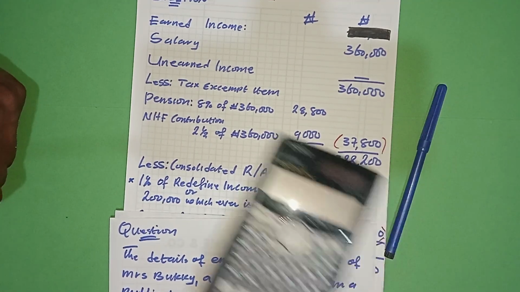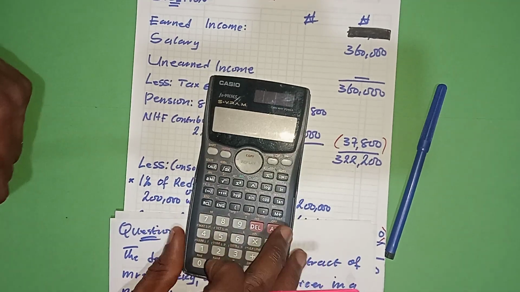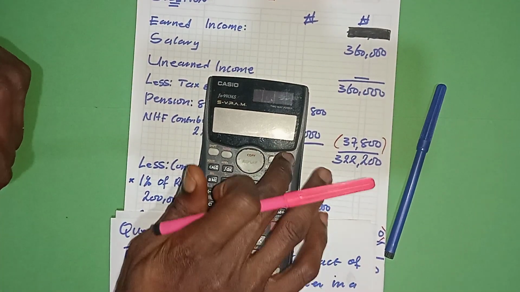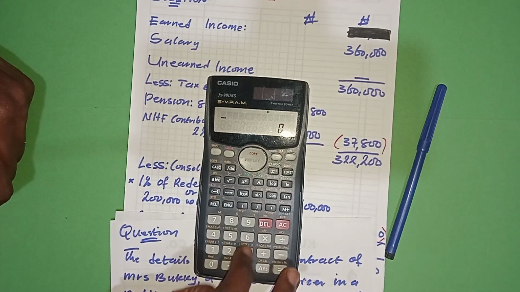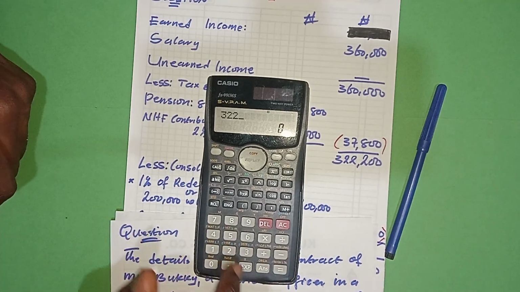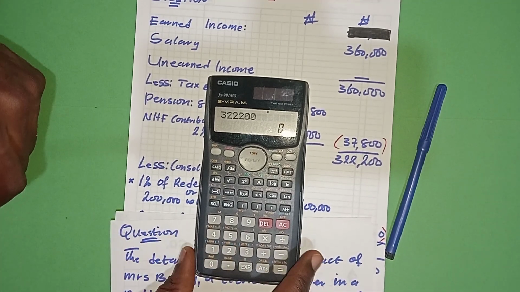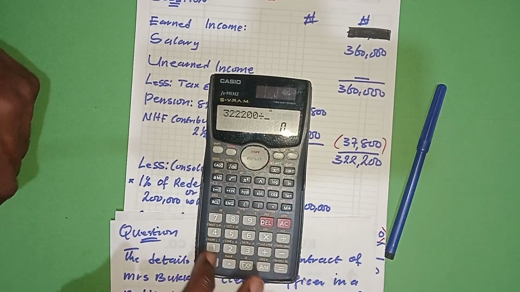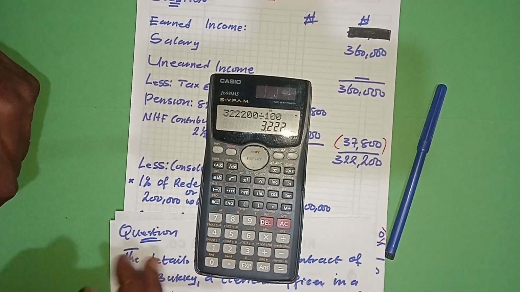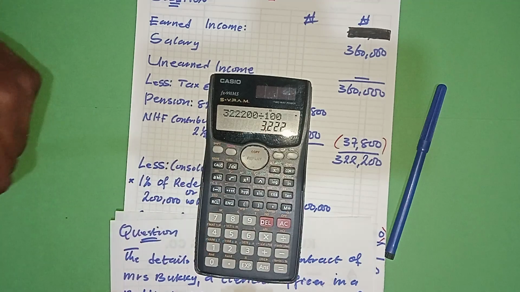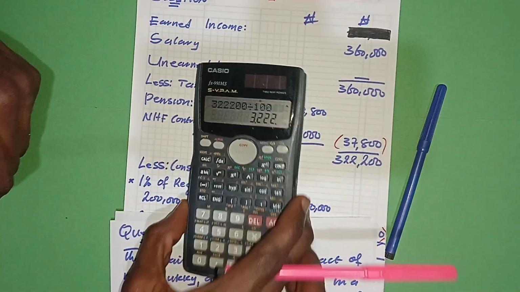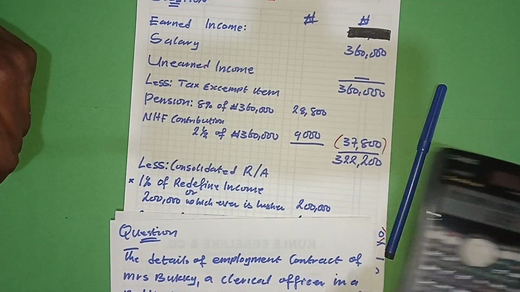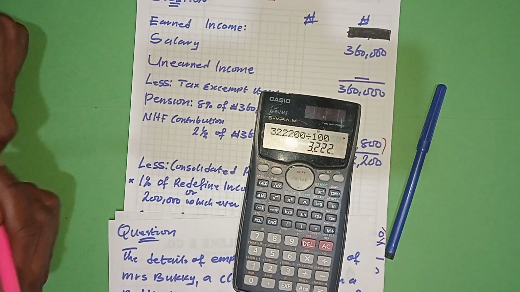Now, let's check 1% of this. 322,200 divided by 100 will give you 3,222, and 200,000 naira.